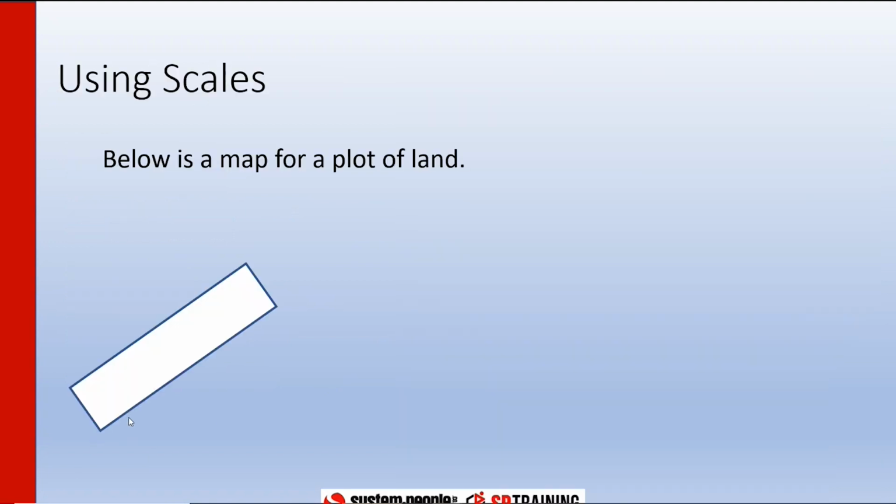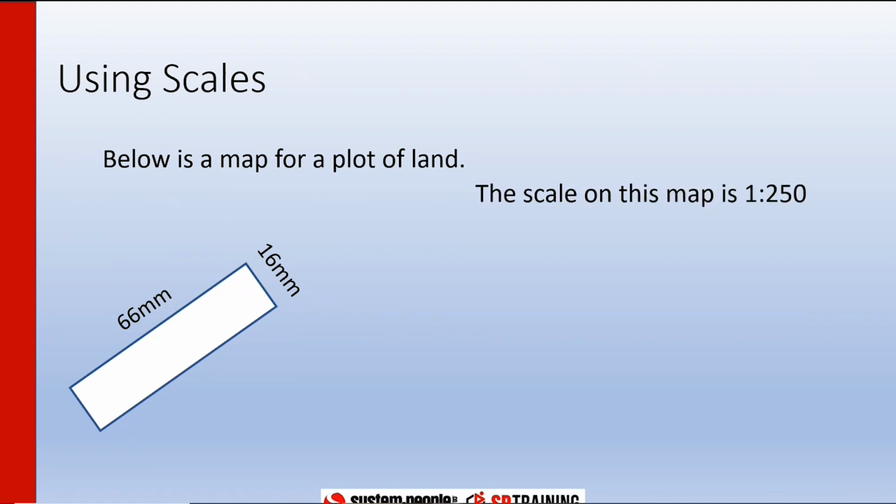But let's have a look at a question about area. Now, it's very important when we're doing scale that we change lengths by the scale, not area, do the lengths. The scale on this map is 1 to 250,000. So that's every 1 centimeter is worth 250 centimeters.